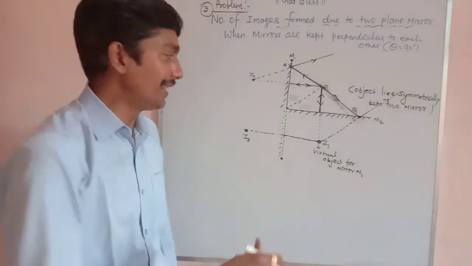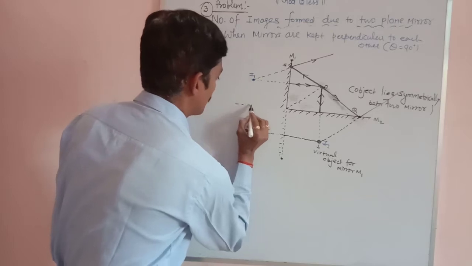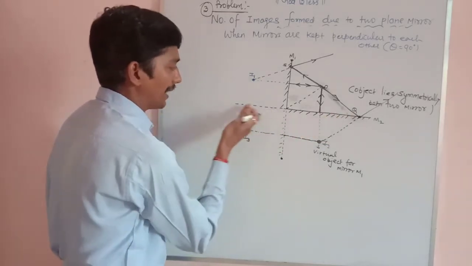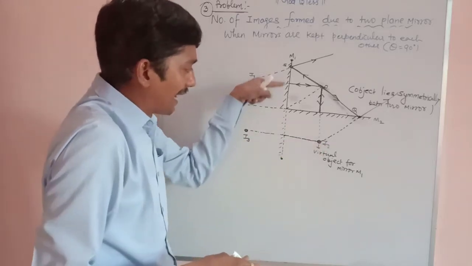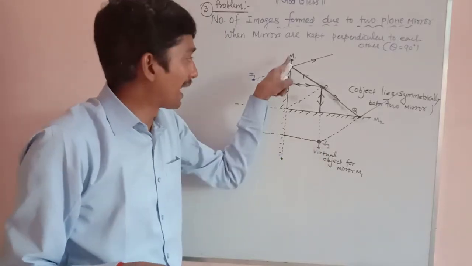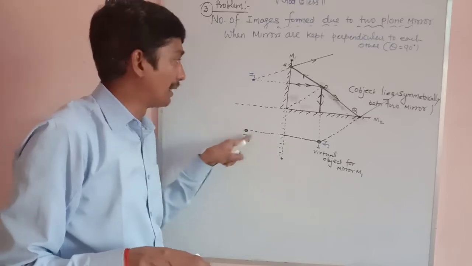Or do one thing, extend the mirror M2. Say I am extending the mirror M2. In the same manner as when I extended M1, I2 acted as the object for mirror M1 and gave an image at I3 inside the mirror M1.